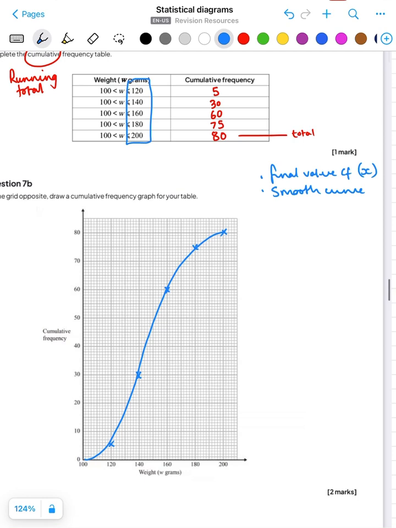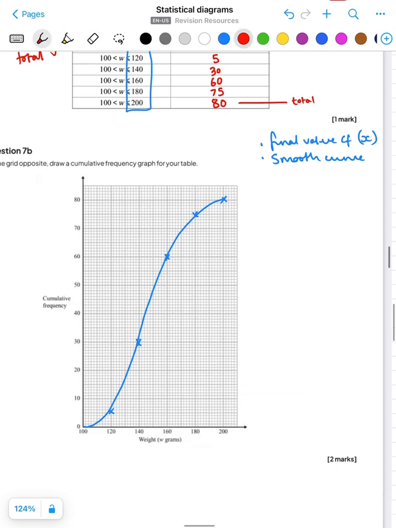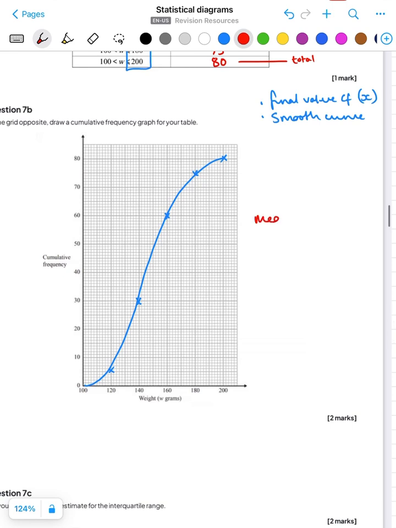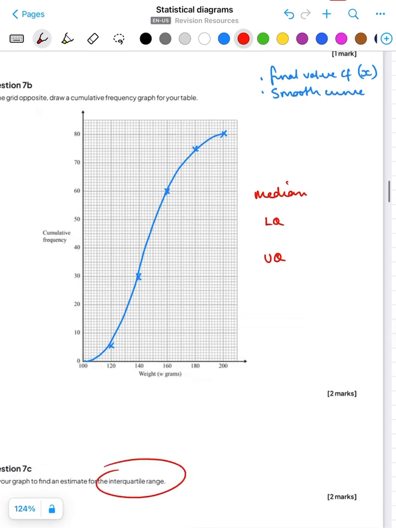Cumulative frequency curves will always have this general shape. Now we can use our cumulative frequency curve to find the median, the lower quartile, the upper quartile, and also the interquartile range. It's always an estimate because we are using grouped data.